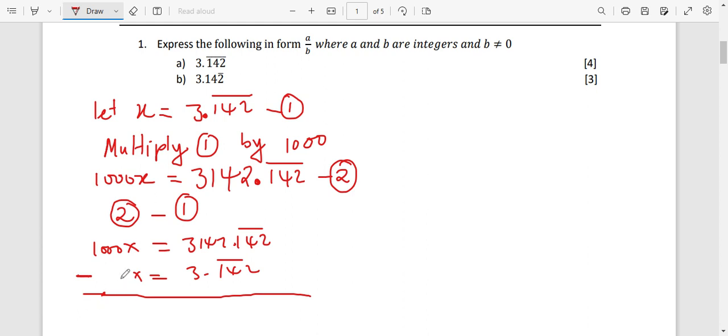So begin with 1000x minus x. What value are you going to get? Anyone? 1000x minus x. Are we following what is happening?